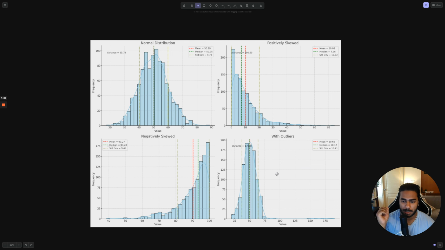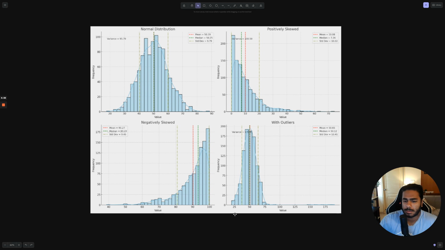And we have outliers. A good example would be grading in classes, right? There will be people who would have predictable grades, there will be some A's and all, but there will also be people who would fail the exams.